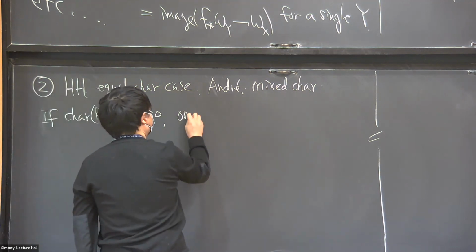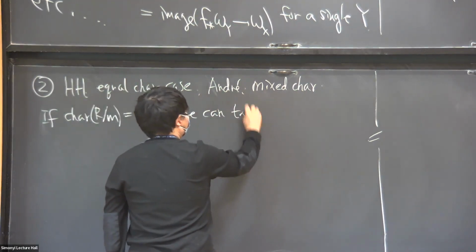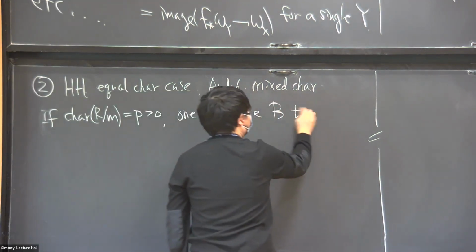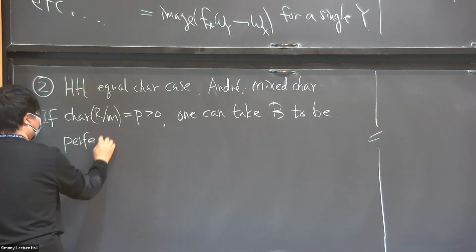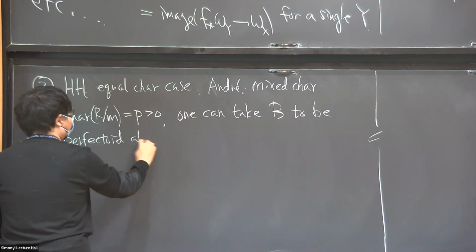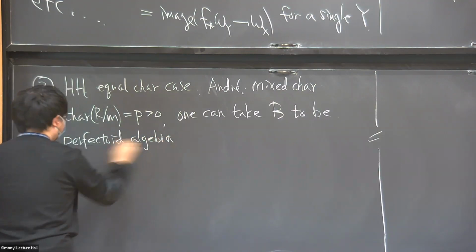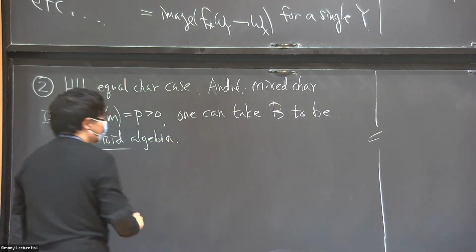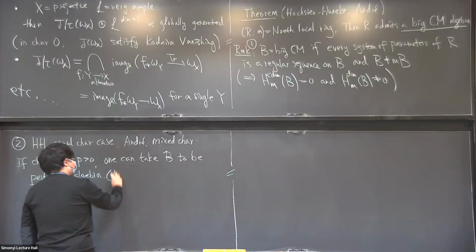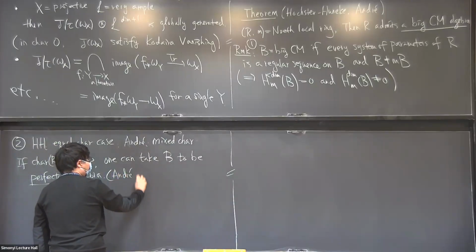One can take a perfectoid algebra. Here perfectoid means integral perfectoid, where the definition follows from the BMS definition. Okay, so this is for André. Also small.